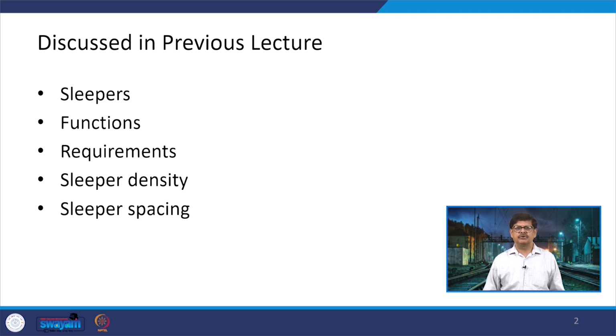Towards the end we talked about the sleeper density and the sleeper spacing, and we found that in some cases this can be correlated, and it also depends on the loads coming on the track, the rail sections which have been used, and the supporting system which has been provided at the bottom.